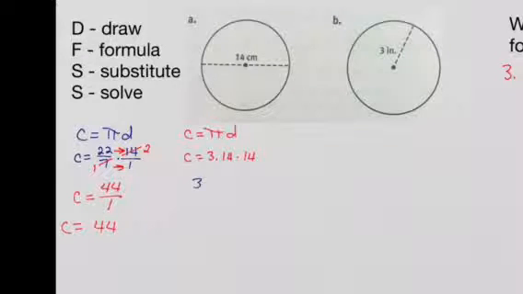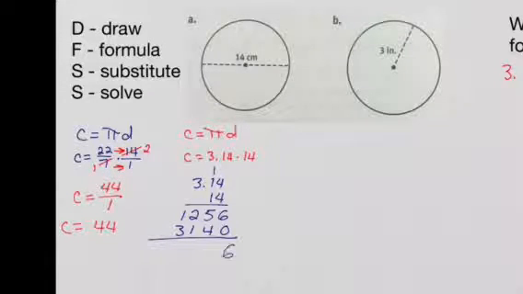So I'm going to write 3.14, and I am going to multiply that by 14. So 4 times 4 is 16, carry the 1. 4 times 1 is 4, plus 1 is 5. And then 4 times 3 is 12. Add our placeholder there. And when I multiply 3.14 times 1, I get 314.